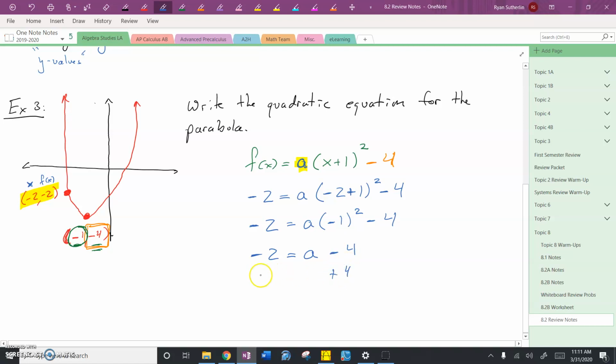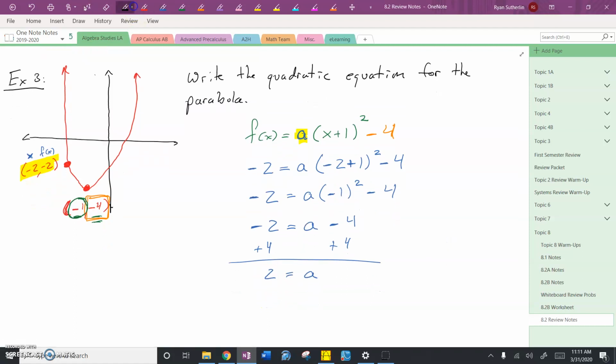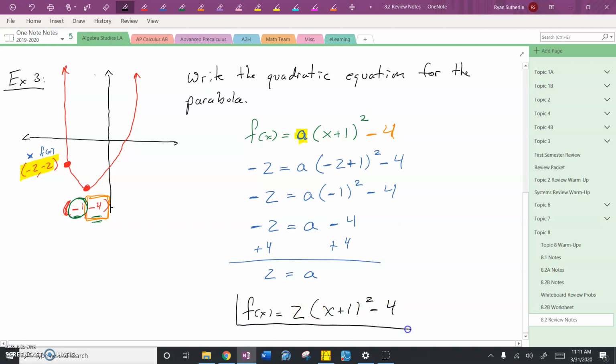And now to solve for a, I'm going to add 4 to both sides, and I get the a value to be 2. So my final answer is f of x equals 2, that's the a value, times x plus 1 squared minus 4. That's the equation of that parabola.